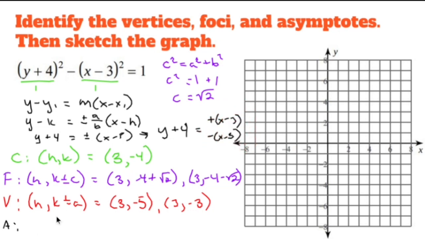And just because time is an issue, if I were to simplify that, subtract 4, do a little distributive property, I have two equations: y equals negative x minus 1, and y equals regular x minus 7.